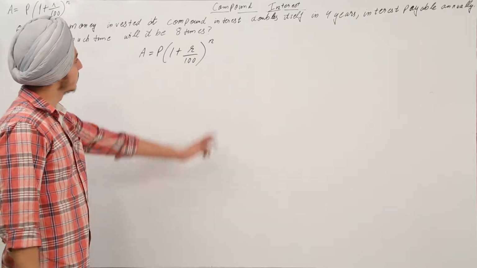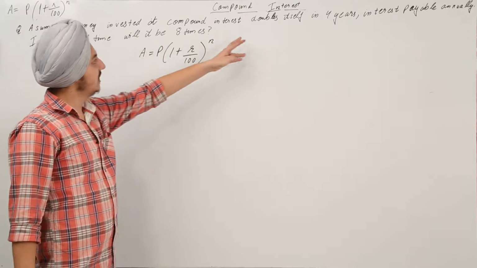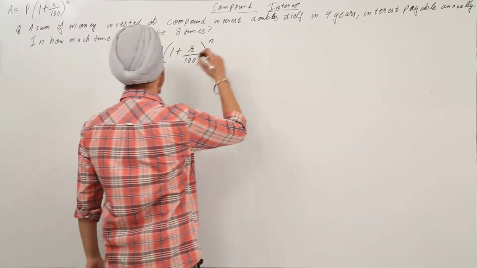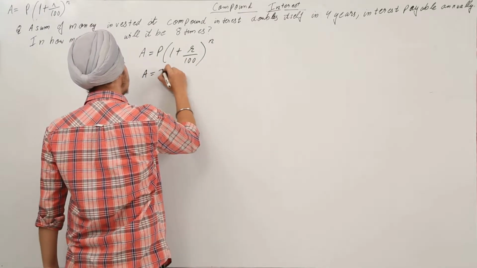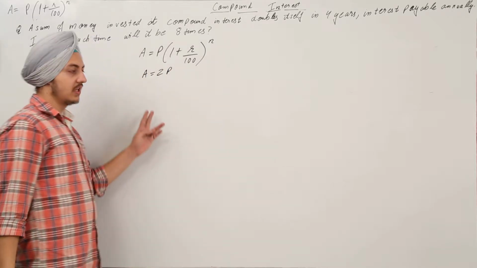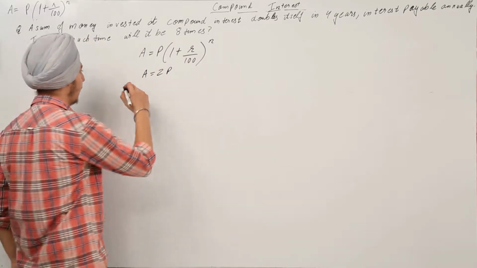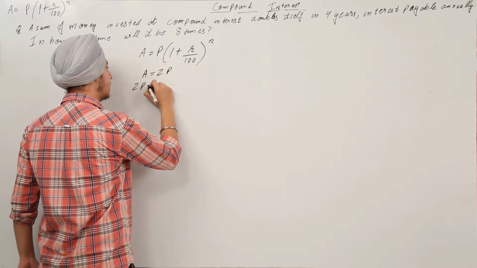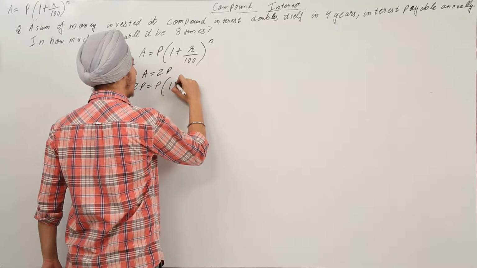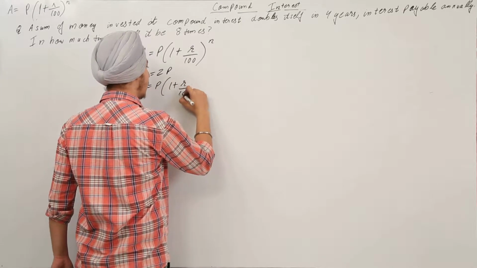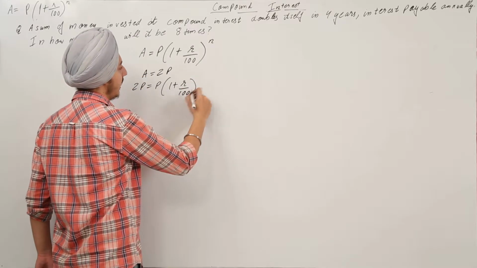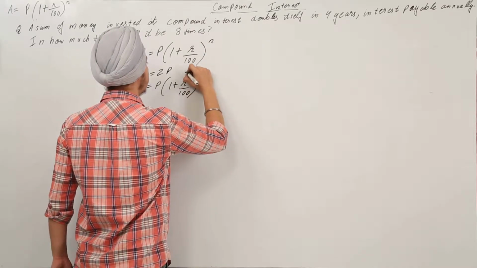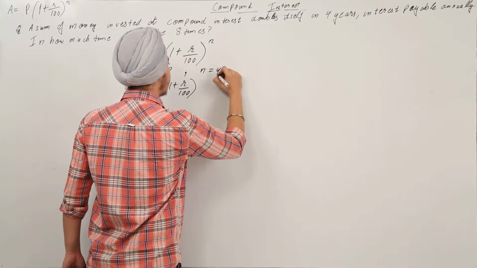So according to the question, the money doubles itself. So A is equal to 2P, right? The money doubles itself, so we have 2P is equal to P into (1 plus R upon 100) raised to power n, where n here is equal to 4 years.